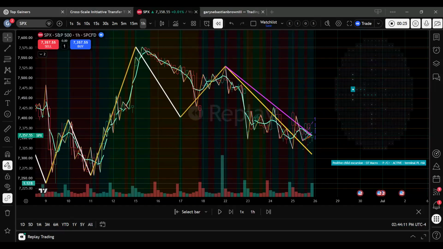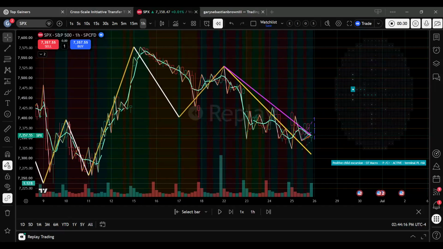So one of the main things is that as soon as you open the indicator, it's going to be using what I'm calling the parent scale as a daily trend.